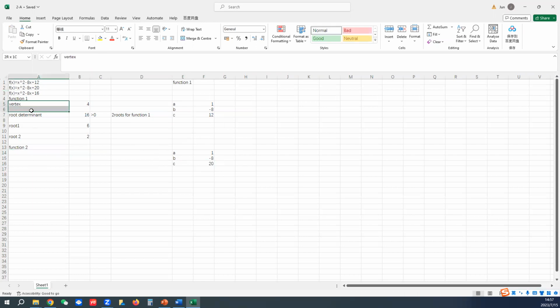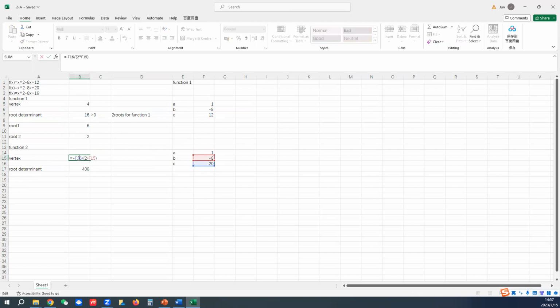For function 2, we can copy and paste the first 2 at least, right? Okay. Now we need to be watchful. We need to double check, because as you copy and paste, sometimes the row gets changed. So here we need to make sure it is minus b over 2 times a.